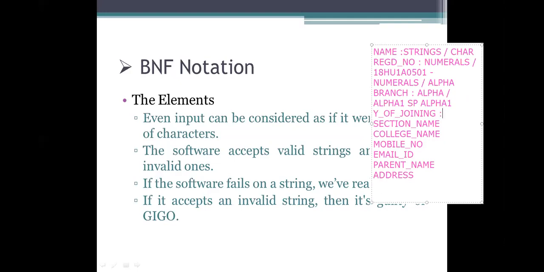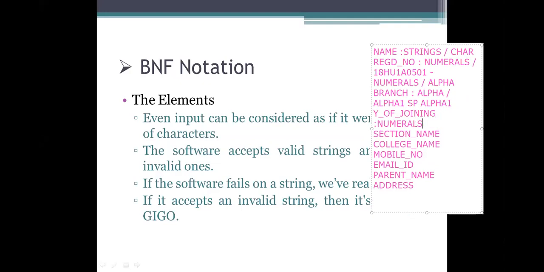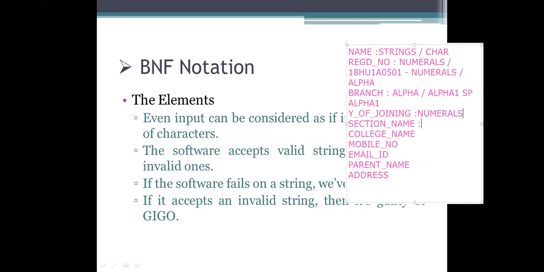Year of joining completely consists of numerals only. Numerals means number representation. Another, section name, means characters; here the characters are alphabets. Next, college name consists of the same. We can use name here also, because name includes strings and then characters.